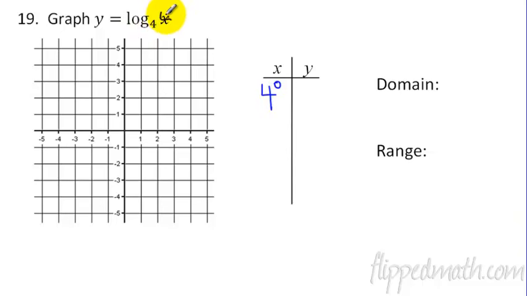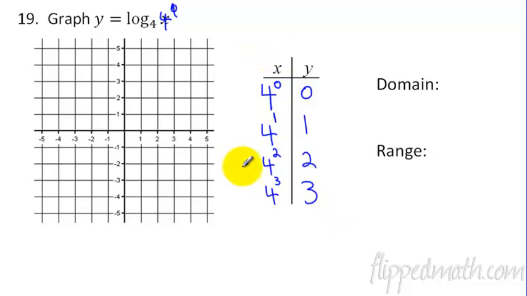So plug in a 4 to the 0 here, and what do you get? Log base 4 of 4 cancels, and you get 0. Then we plug in a 4 to the 1, and that's a 1. 4 squared, and that's a 2. 4 to the 3rd, and that is a 3.